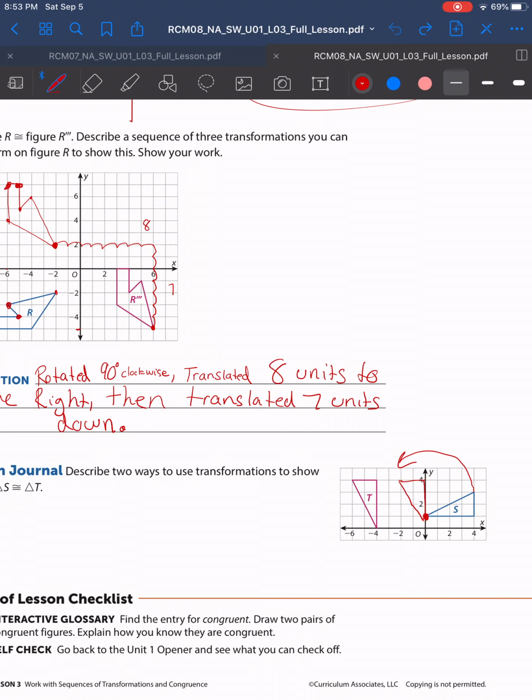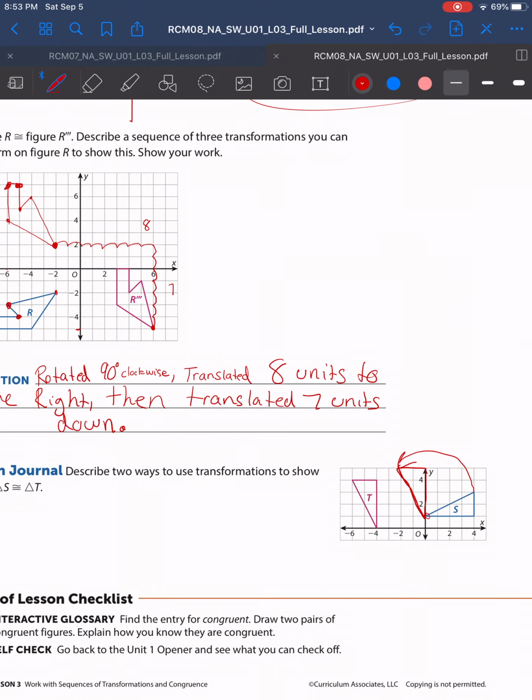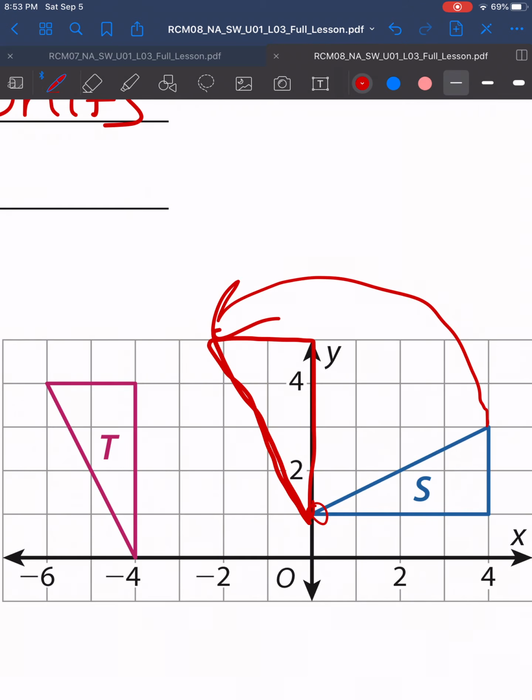So maybe I don't want it to rotate at point S. If it rotated 90 degrees on point S, it would look like this. There we go. Okay, that makes more sense. If I rotate this 90 degrees about, sorry, I keep saying point S. It's not point S. S is the shape. It's point, whatever that is, on the y-axis.